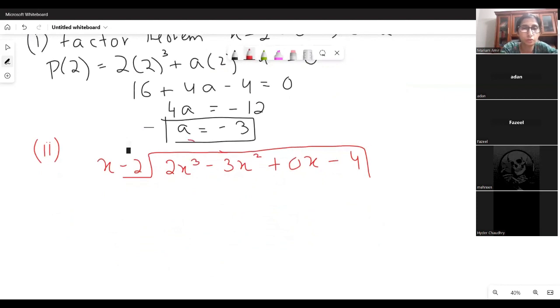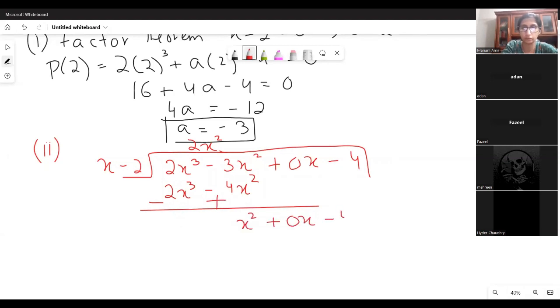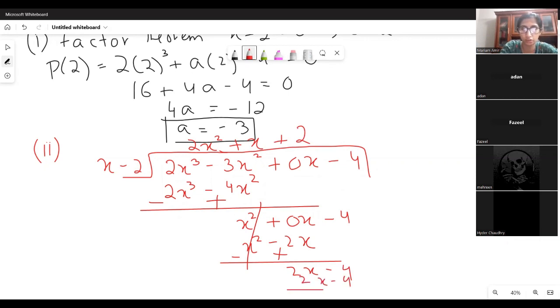So 2x squared, x times 2x squared is 2x cubed minus 4x squared. Change the signs. We get x squared plus 0x minus 4. Plus x in the quotient, x squared minus 2x. Change the signs. Plus 2 in the quotient. Change the signs and the remainder is 0.